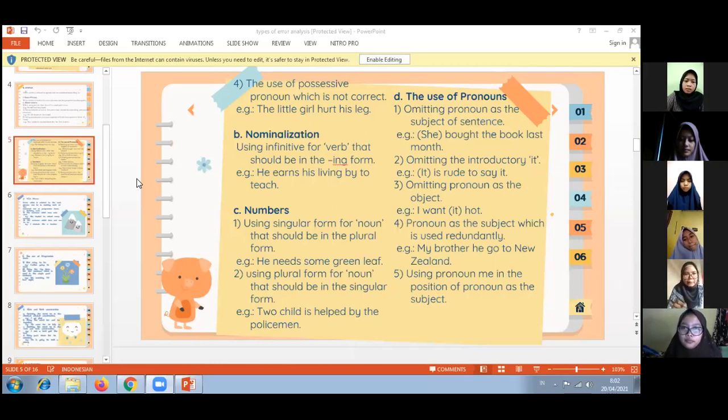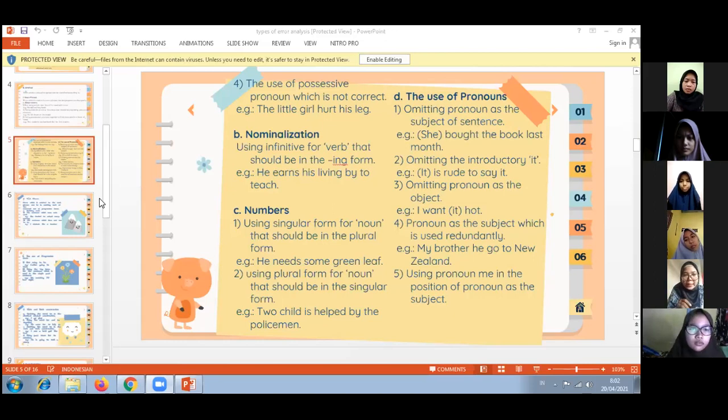D is the use of pronouns. First is omitting pronouns as the subject of a sentence. Example: bought the book last month. Second, omitting the introductory it. Example: is rude to say it.